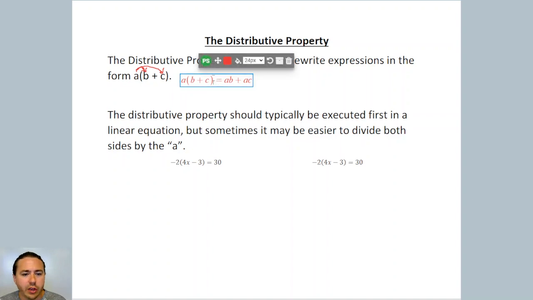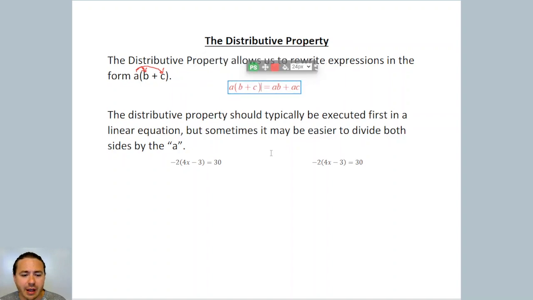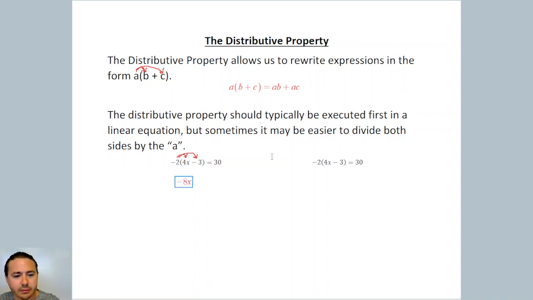So we can use the distributive property directly down here, but we can also solve this equation a little differently, and I'll show you how, and then we can talk about why you may or may not want to do one way or the other. If we just do a direct application of the distributive property here, we're going to multiply this negative 2 by both of these, and that'll give me negative 8x plus 6 equals 30.